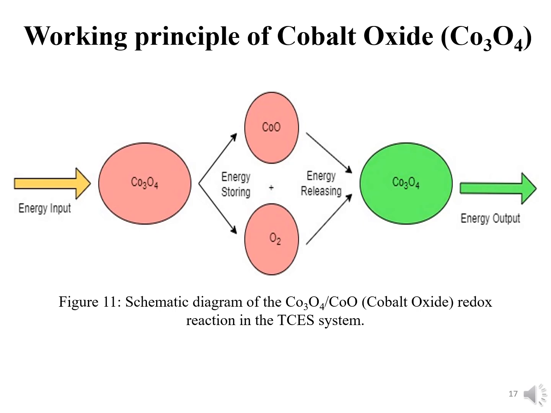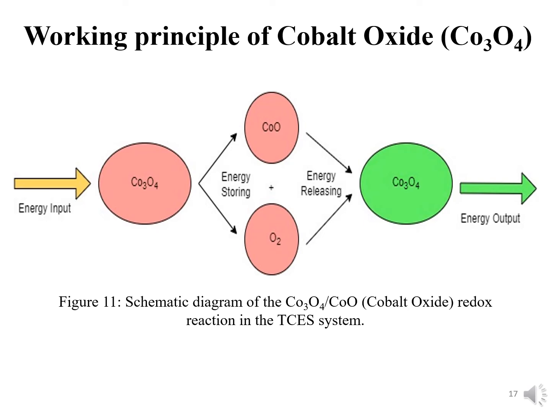Now moving further ahead, the next slide is about the working principle of cobalt oxide. Cobalt oxide stores energy in two forms: the first is energy storing and the next is energy releasing. The schematic diagram represents the redox reaction in the thermochemical energy storage system. As we can see in this diagram, the input energy comes from a boiler or from sources like the sun and strikes the cobalt oxide material.